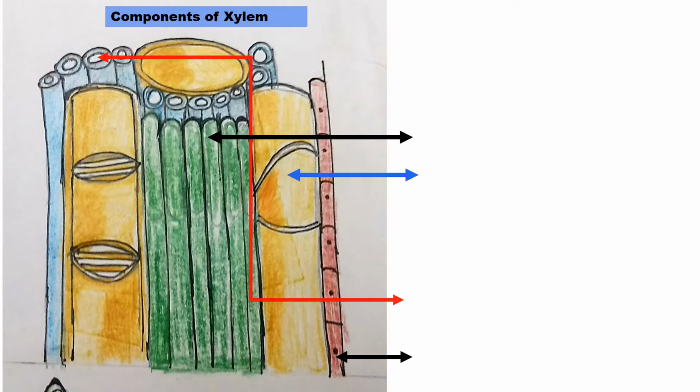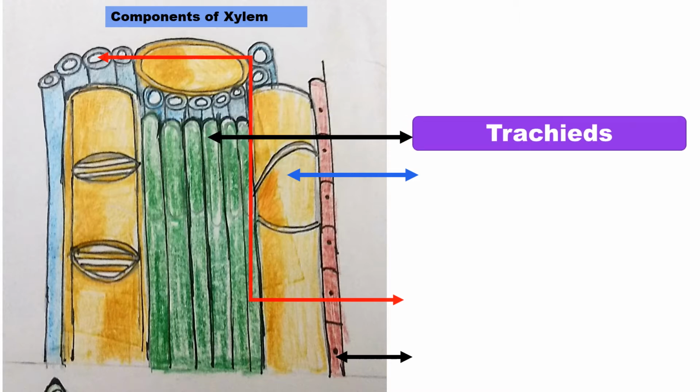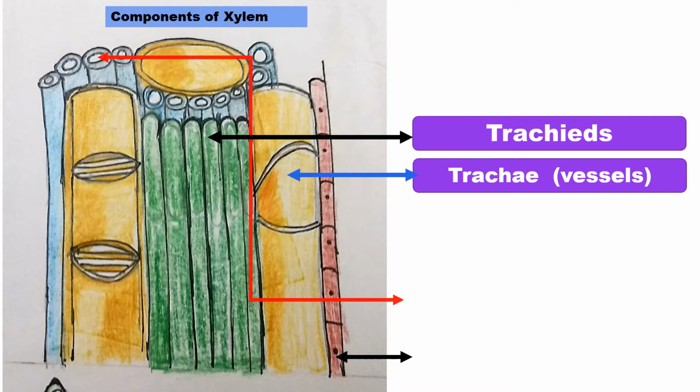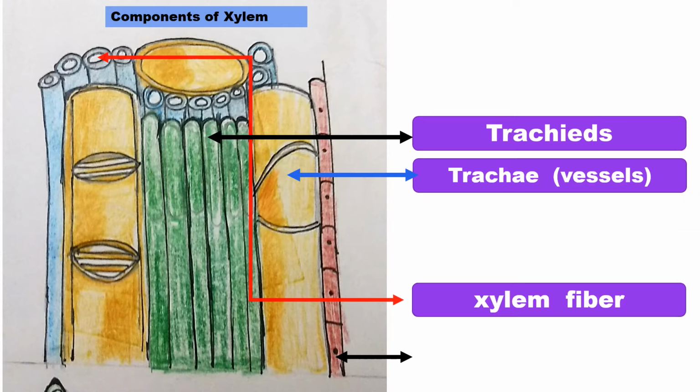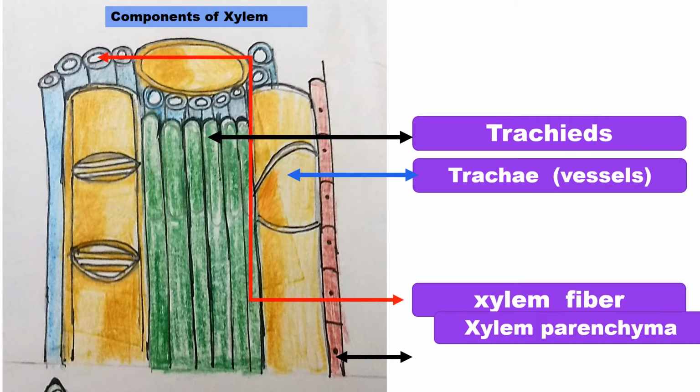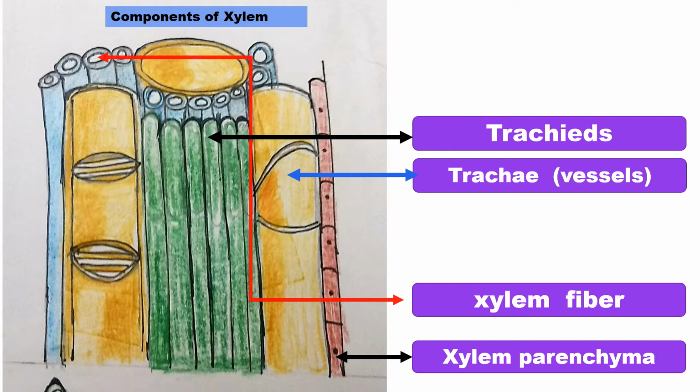Components of xylem. Xylem is a complex permanent tissue. It contains different kinds of cells. The four kinds of cells present in xylem are tracheids, vessels or tracheae, xylem fiber and xylem parenchyma.